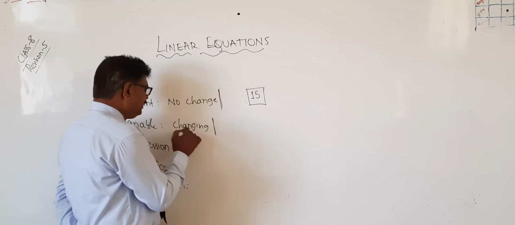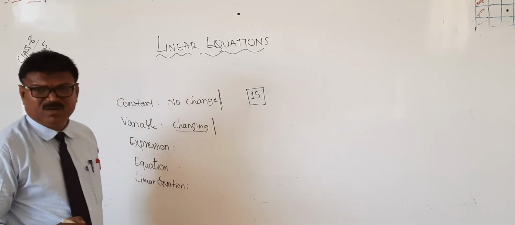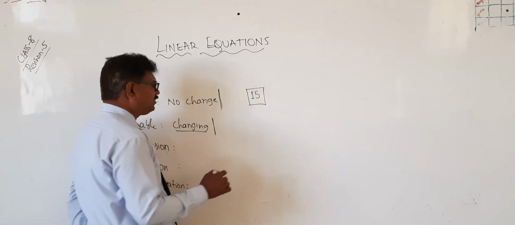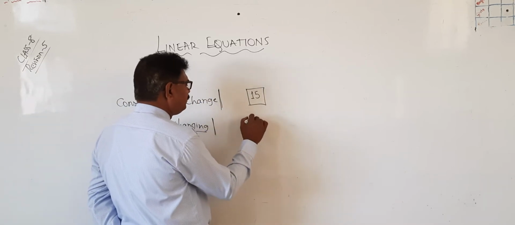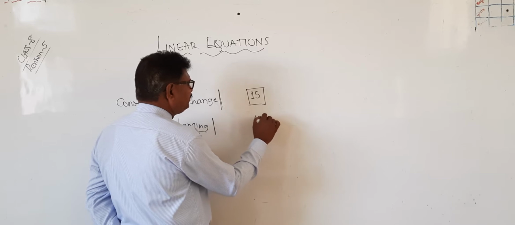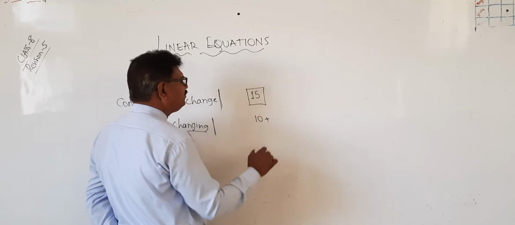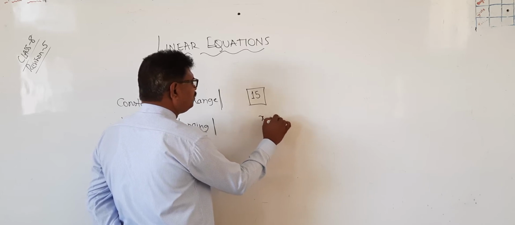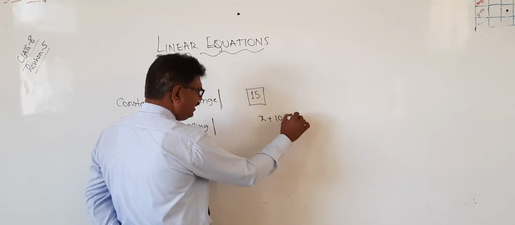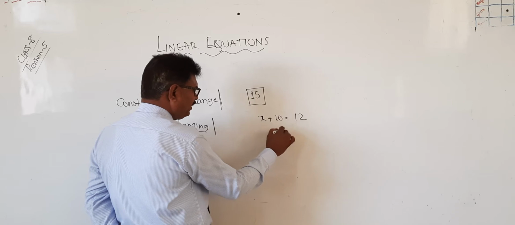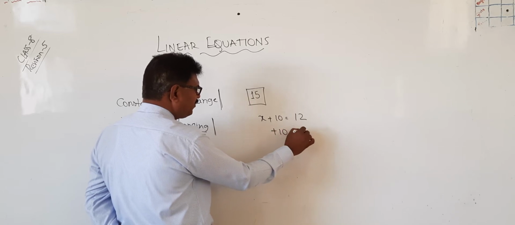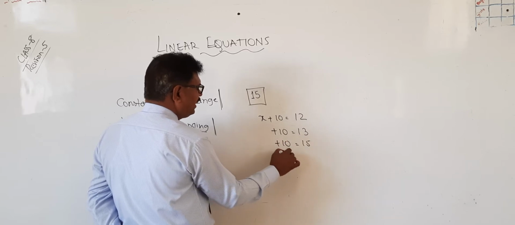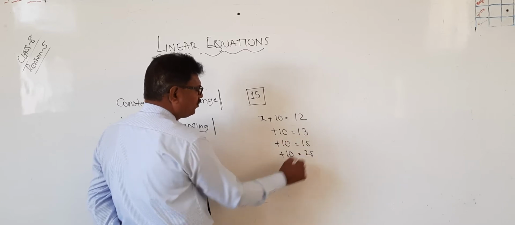But in terms of variable, the value will change according to the situation. For example, if you add something to 10, it may be equal to 11, 12. If you add something, it may be equal to 13. If you add 10, you may get 15. If you add 10 times, you may get 25.